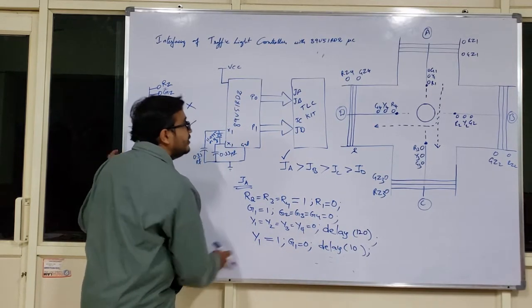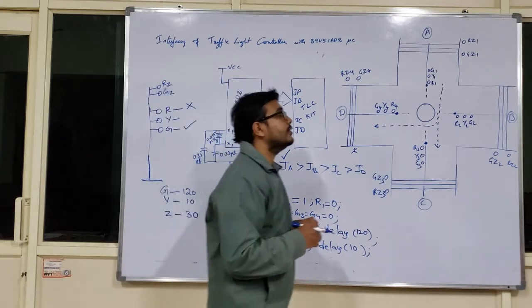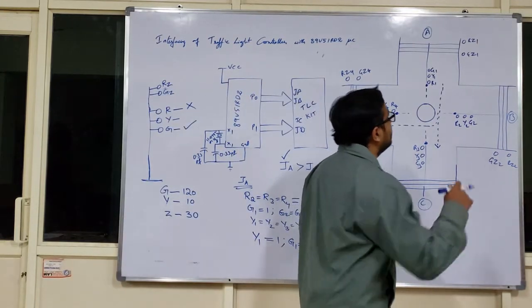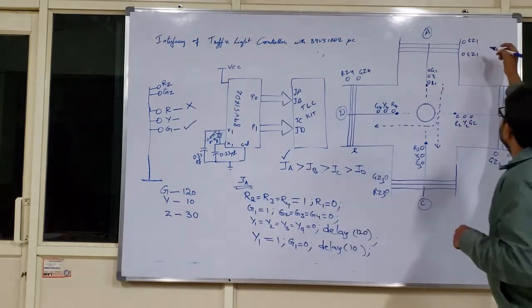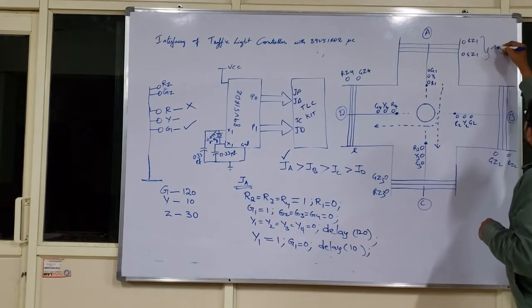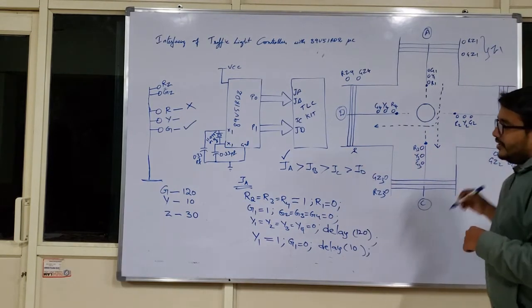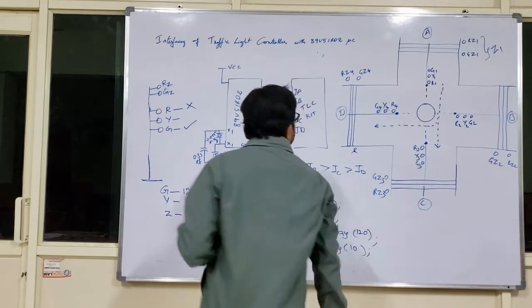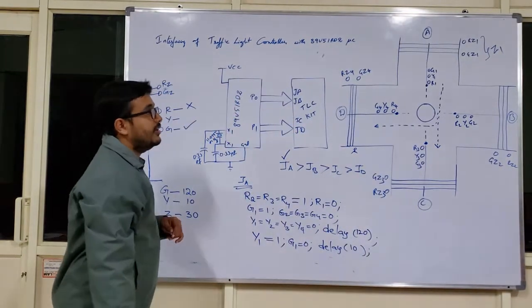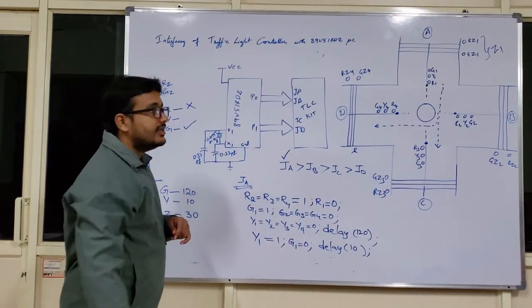Otherwise I do one thing here. Instead of taking two different variables, I can use one variable, that is Z1. When Z1 is equal to logic 1, pedestrian activity will start.